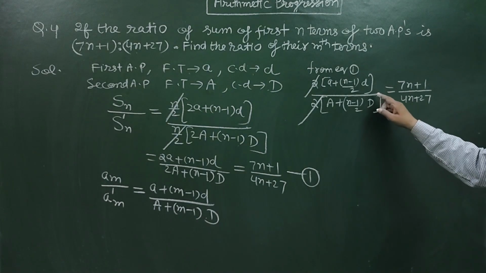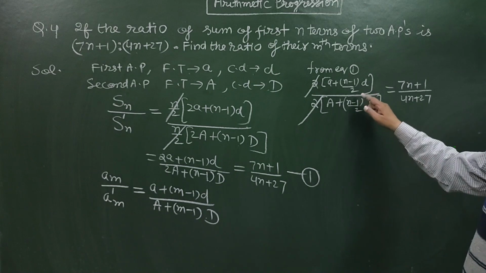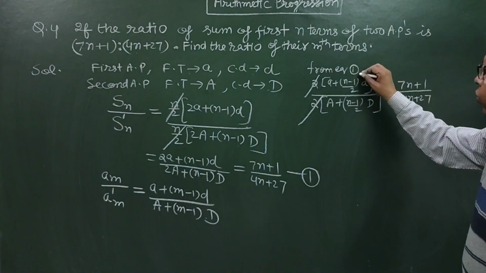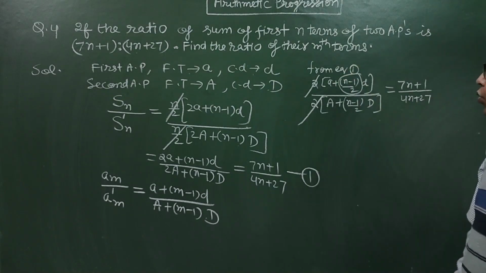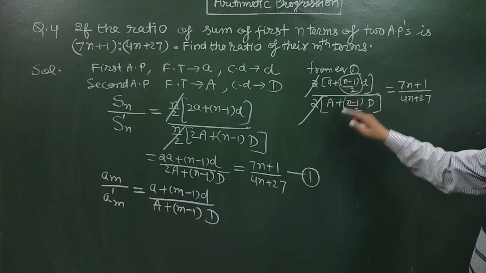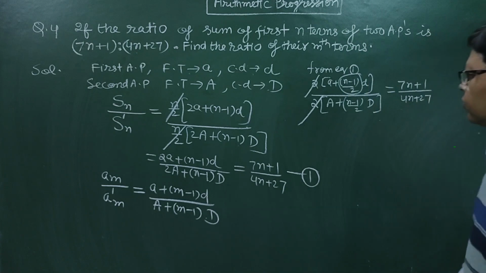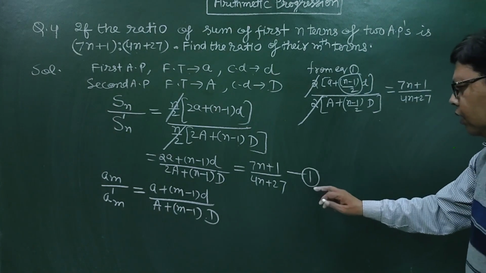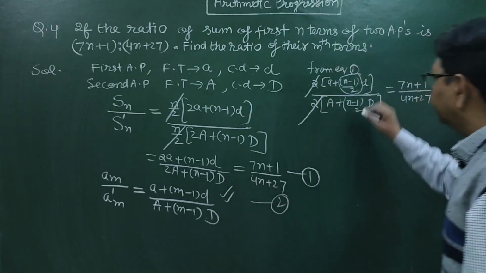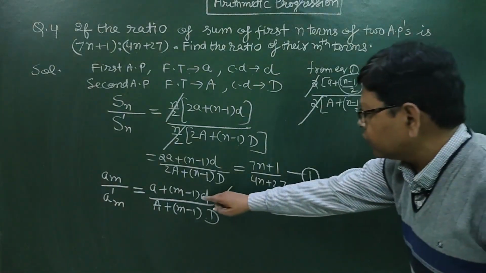Now if we want to bring this ratio in this form, then the value of n can be calculated by comparing these two. (n minus 1) upon 2 should be equal to m minus 1, if equation 2 and equation 1 have the same left side.